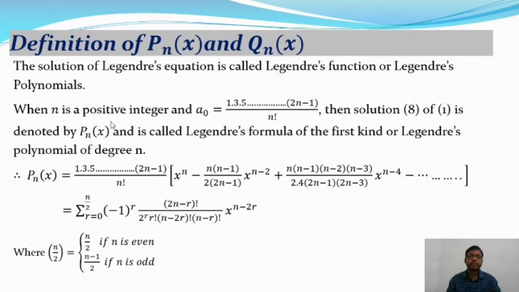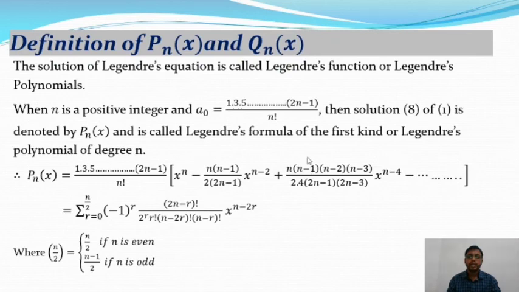Pn of x is called the Legendre function of the first kind or Legendre polynomial of degree n, and it can be written as Pn of x is equal to 1 into 3 into 5 and up to 2n minus 1 by n factorial into x to the power n minus n into n minus 1 by 2 into 2n minus 1 into x to the power n minus 2 plus n into n minus 1 into n minus 2 into n minus 3 by 2 into 4 into 2n minus 1 into 2n minus 3 into x to the power n minus 4 and up to infinity.